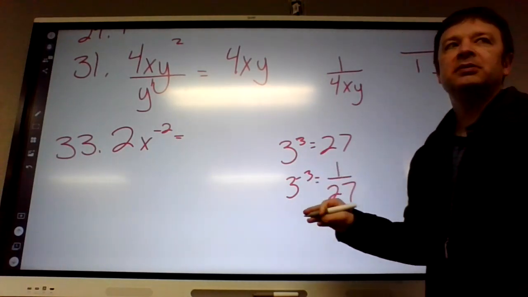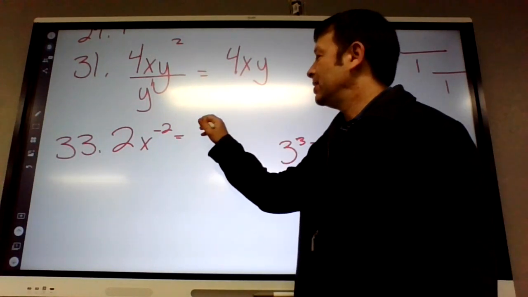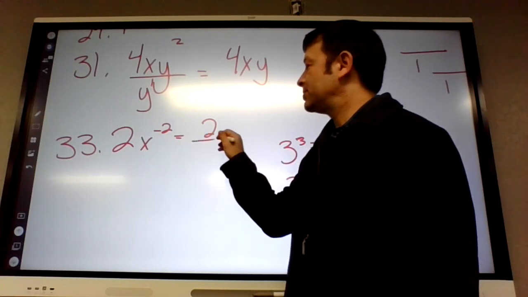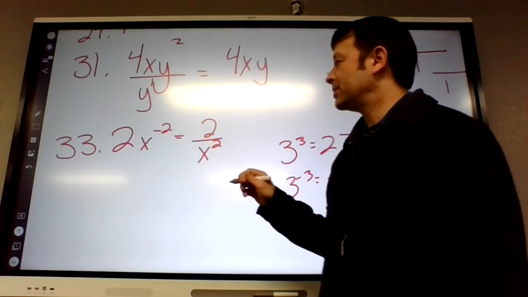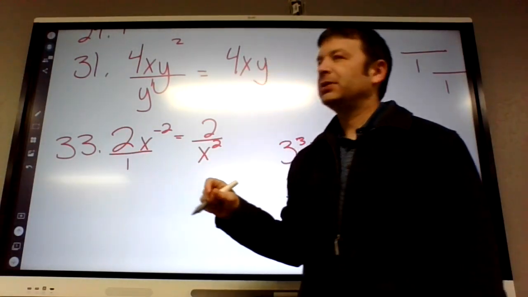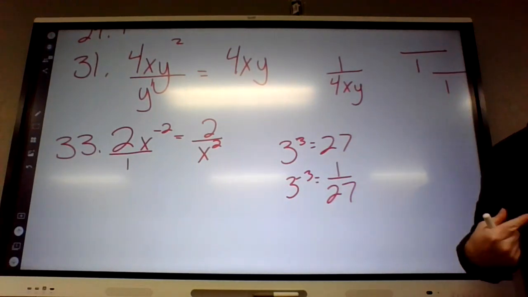Can I guess why? Yeah. 2 over x to the second? Yes. This is just 1 over x to the second, so it's 2 over x to the second. Notice the 2 did not move. I didn't touch the 2. Just the x squared flipped to the denominator.